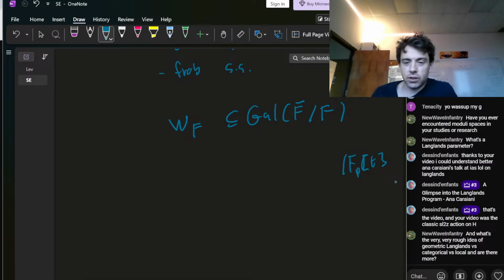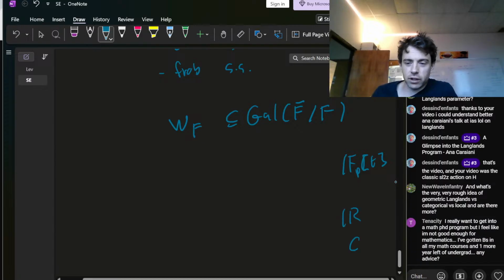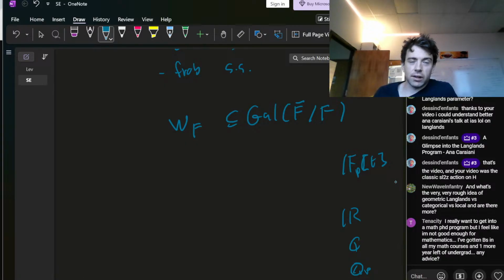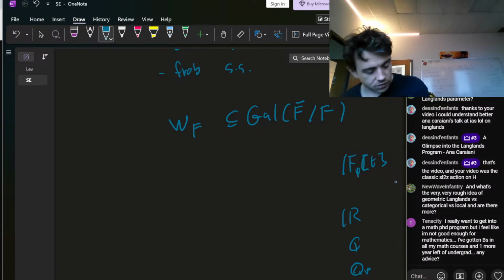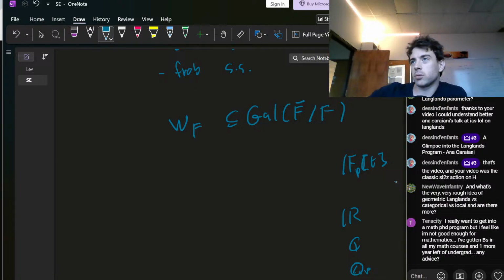Then there are local fields, which are like R, C, and Q_p. And then global Langlands is the one that we're really after, that we're really interested in. I guess roughly those cover the main things of Langlands.